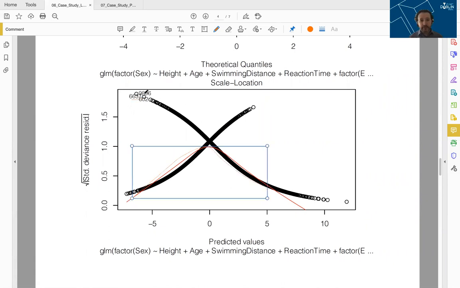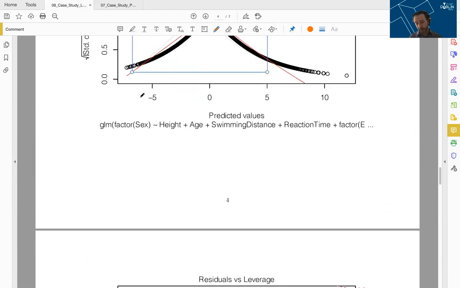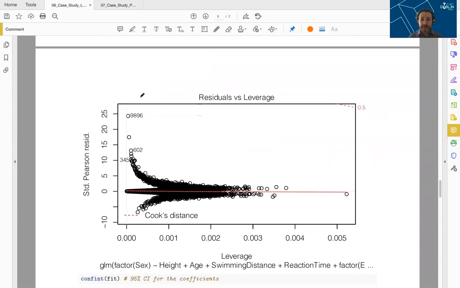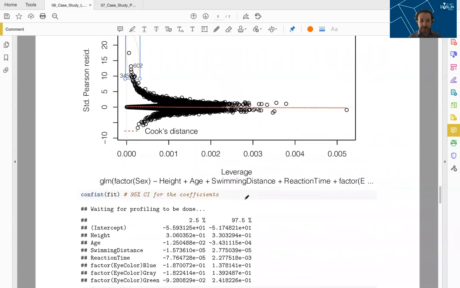Once again, we see those 3 points which were causing issue. So maybe keep in mind about them. As I said before, because the n is so large, I wouldn't worry too much. And lastly, our residuals versus our leverage. It's a Cook's distance, which you can read about. We have our 3, 4 data points that are considered outliers, but they do fit along the graph. So everything's pretty good within reason.